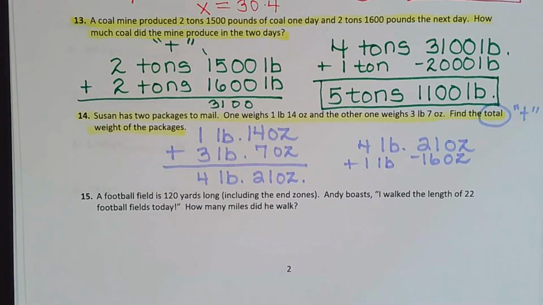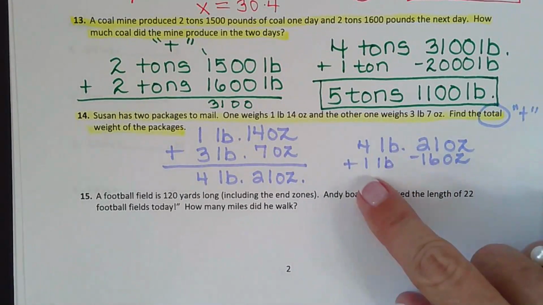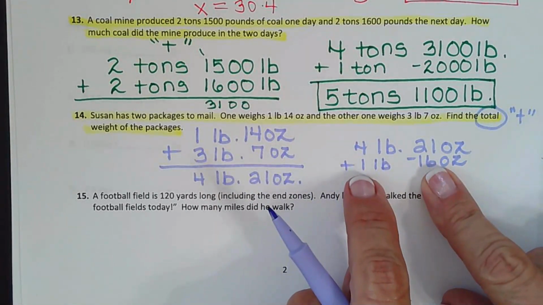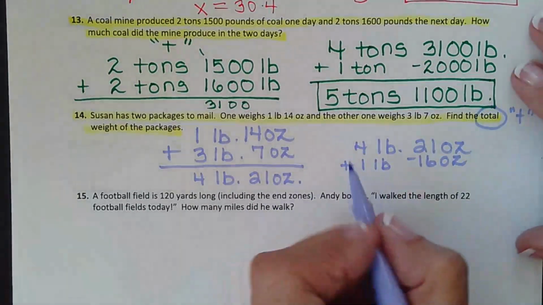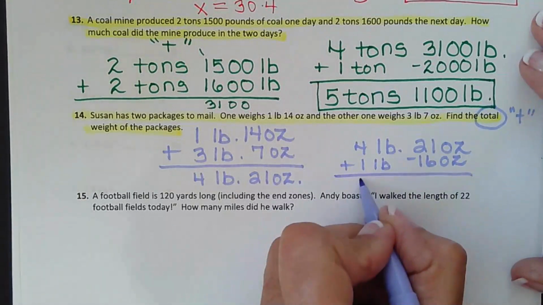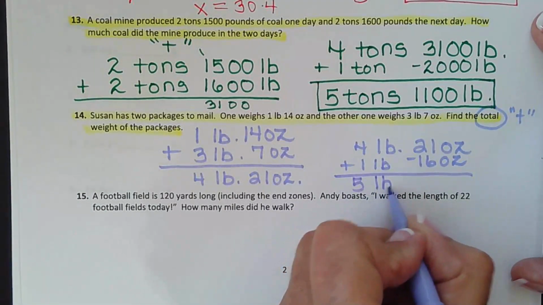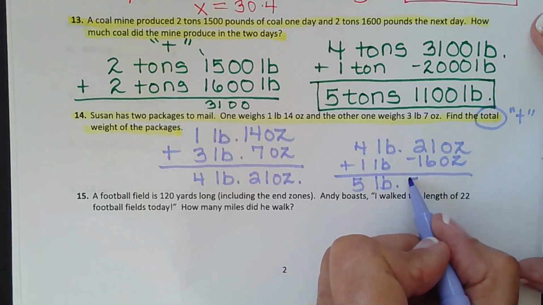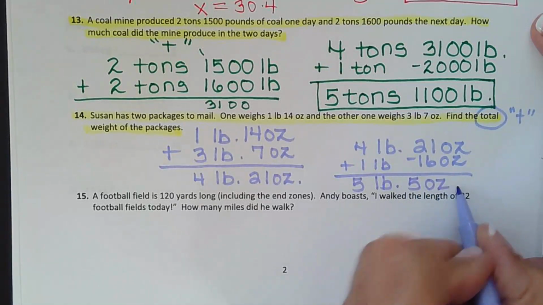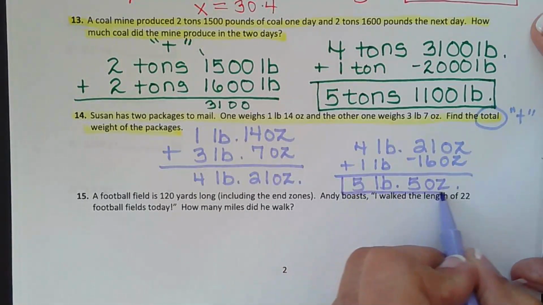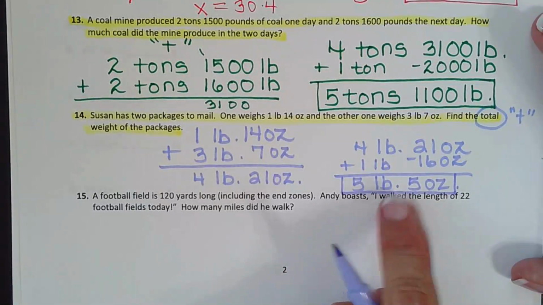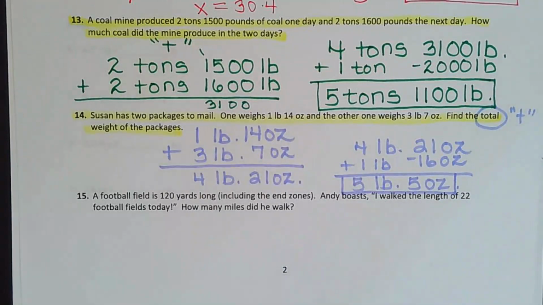Just different units. So minus a pound, plus a pound, because on the formula sheet it says 16 ounces equal 1 pound. So then this turns into 5 pounds, and this turns into 21 minus 16, 5 ounces. And that would be your simplified answer. So 5 pounds, 5 ounces.